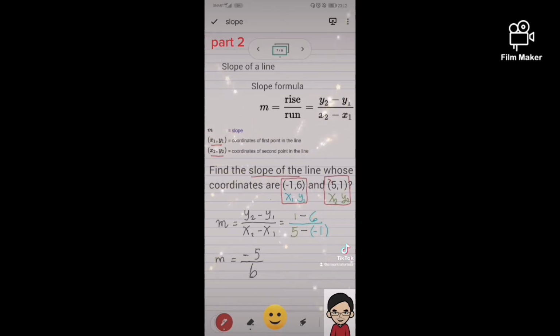So plug those coordinates into your slope formula. You'll get 1 minus 6 all over 5 minus negative 1. Simplifying gives you negative 5 over 6. So this will be the slope of the line.